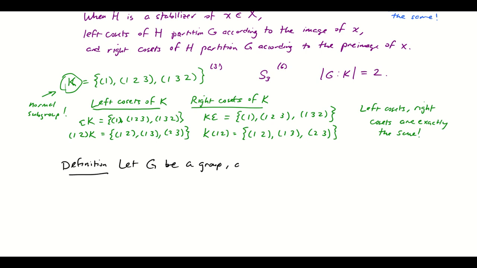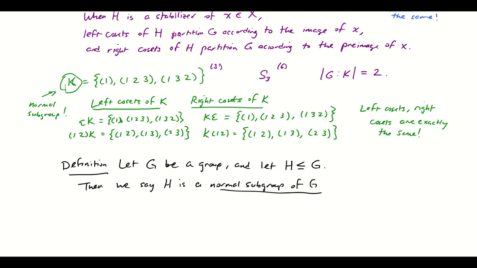Let G be a group, and let H be a subgroup of G. Then we say H is a normal subgroup of G if the left coset aH is equal to the right coset Ha for every a in the group. In other words, if the left cosets and the right cosets are exactly the same.